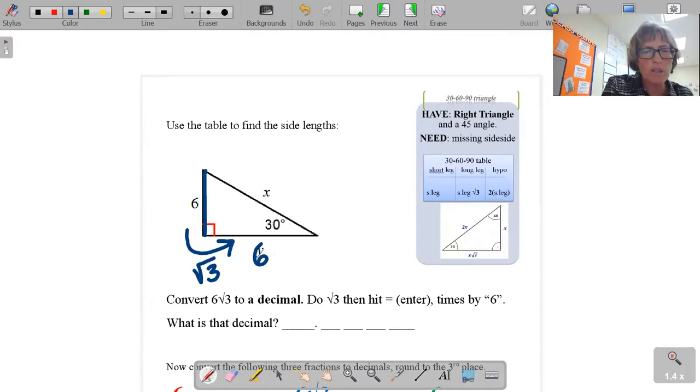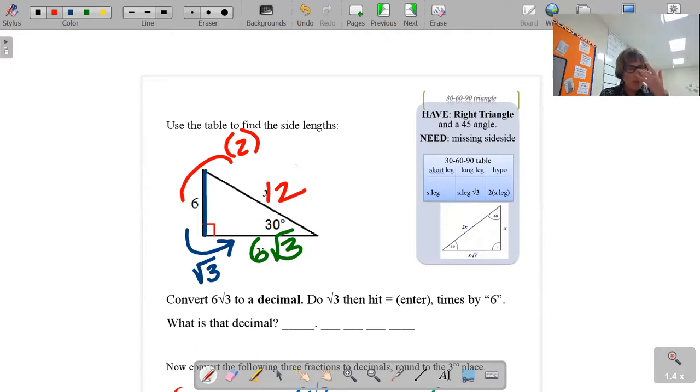The long leg would be 6 root 3. Okay, 6 root 3, and then to the hypotenuse it's times by 2. And we get 12. So in this 30, 60, 90 triangle.